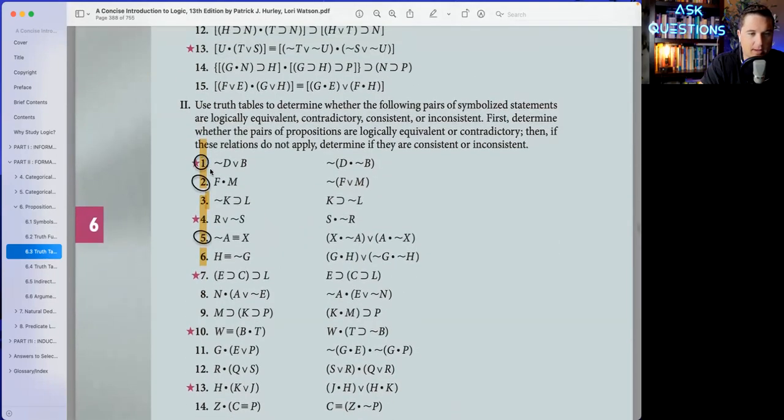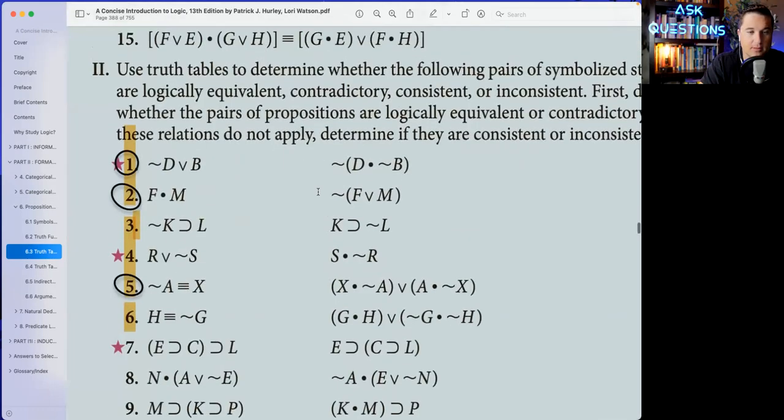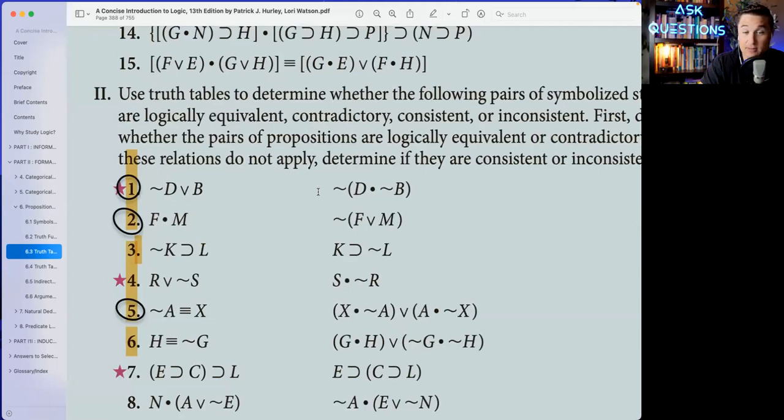So in number 1, we are comparing this statement, not D or B, with this one, not D and not B. Now, can you tell just by listening to that, or looking at these two statements, whether they are the same, consistent, or logically inconsistent? You might not be able to tell.